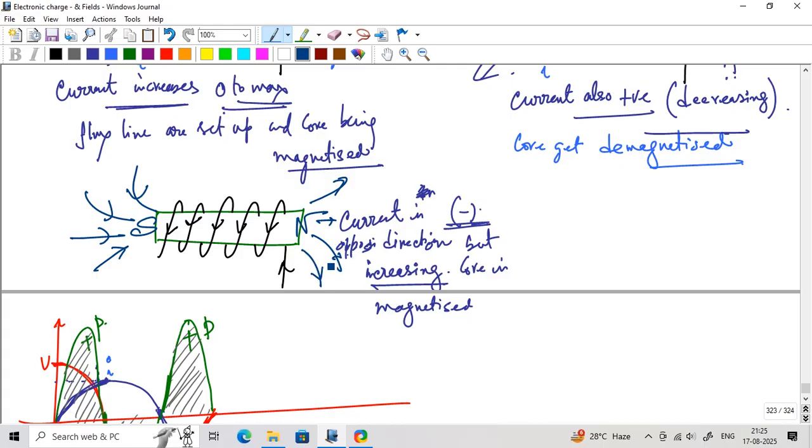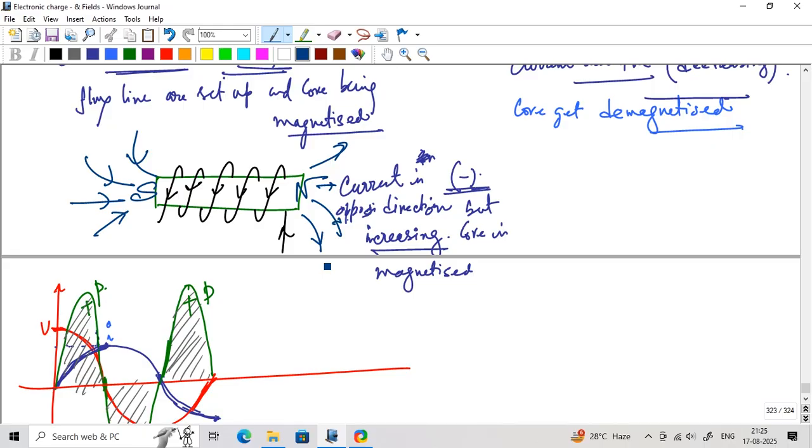Okay, now the current is decreasing from max to 0. Here is the same diagram, there's a south and there's a north. So here the current is decreasing, from max to 0, in the negative to positive direction.